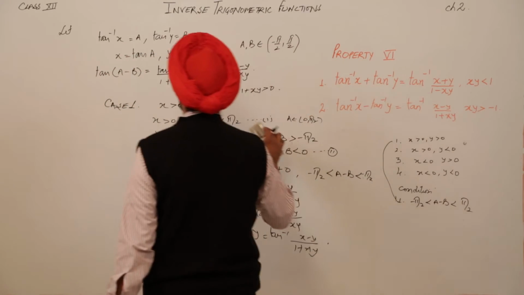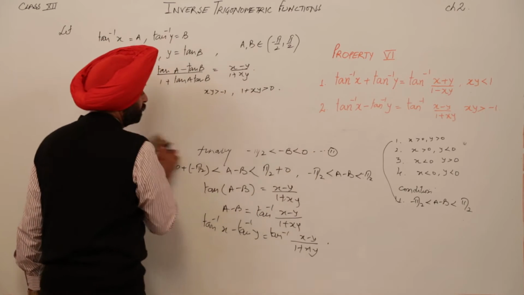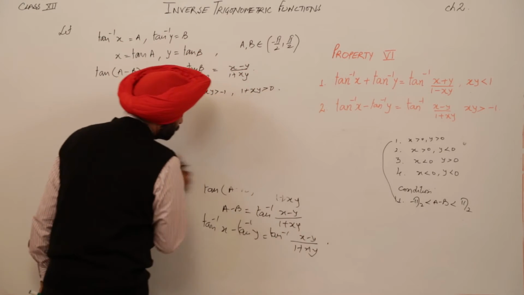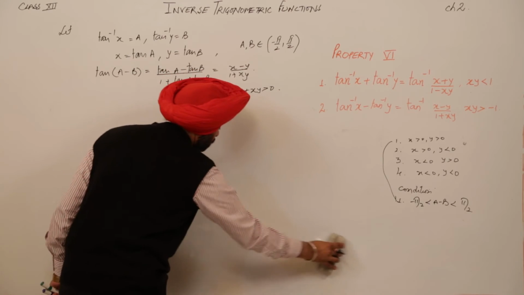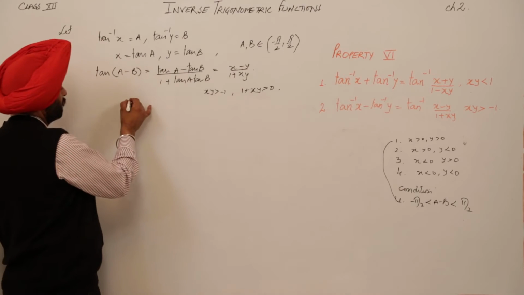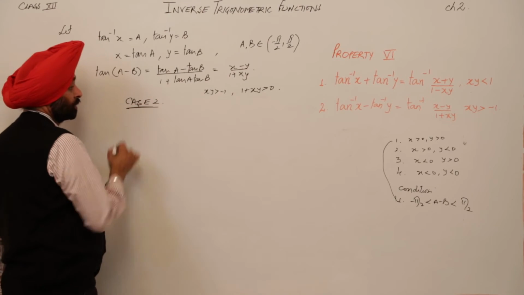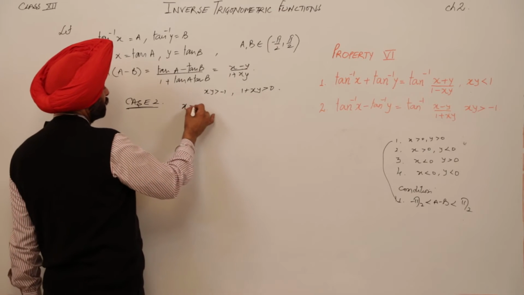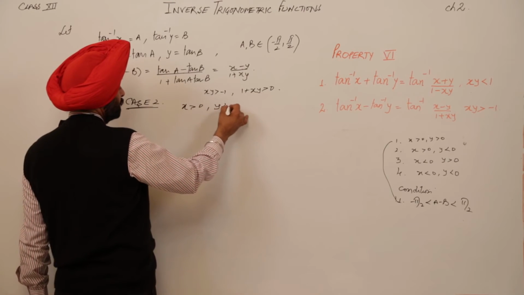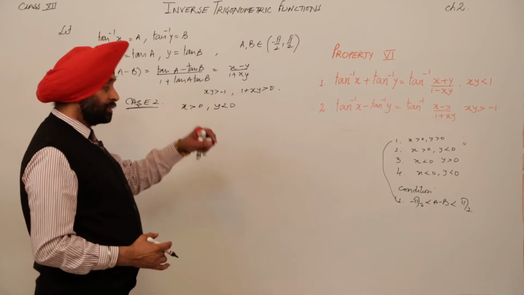Now let's move to case 2, because we are having 4 cases. So let's move with case 2, case 3 and then case 4. For case 2 we are having x greater than 0 and y less than 0, same conditions.